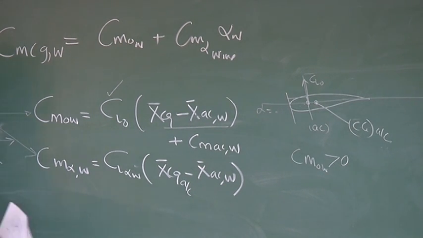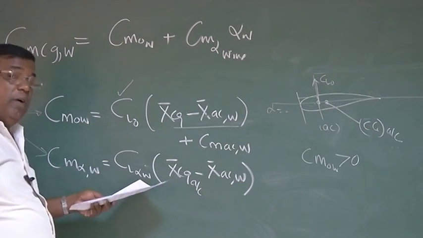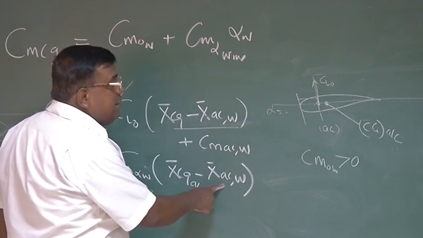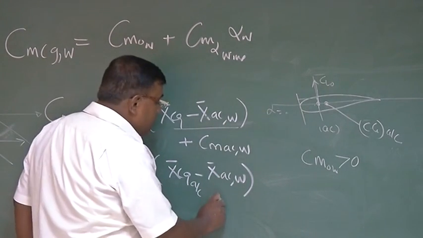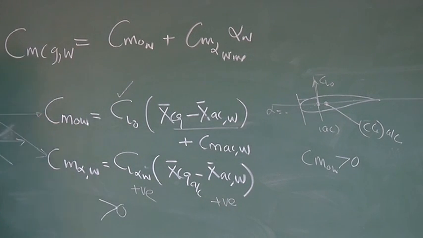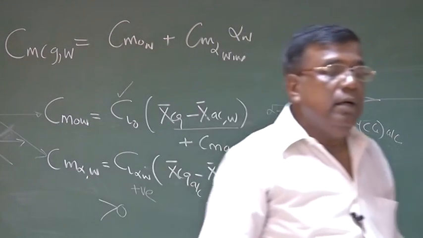But what is the problem? See CM alpha of the wing. The moment I come to CM alpha of the wing, we know CL alpha of the wing is positive. No issue. What about this term? XCG minus XAC wing. This is also positive. So CM alpha is becoming positive. Okay? So actually the wing is contributing towards positive slope.